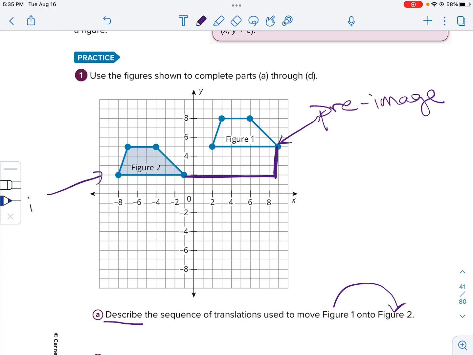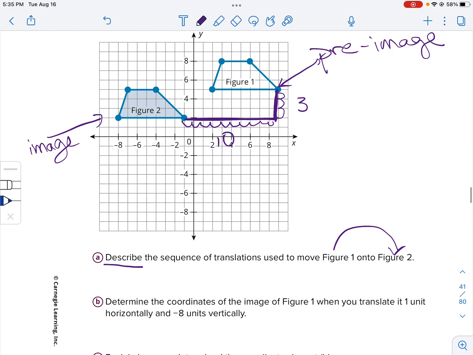And this is my image. So I went down 1, 2, 3, and I went over 1, 2, 3, 4, 5, 6, 7, 8, 9, 10 times.